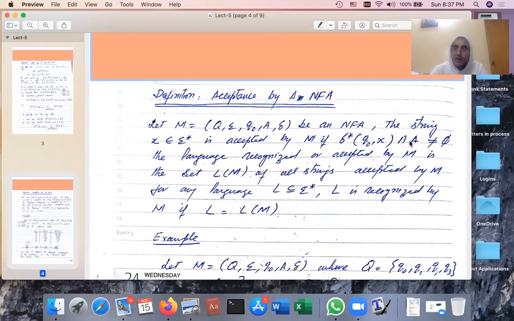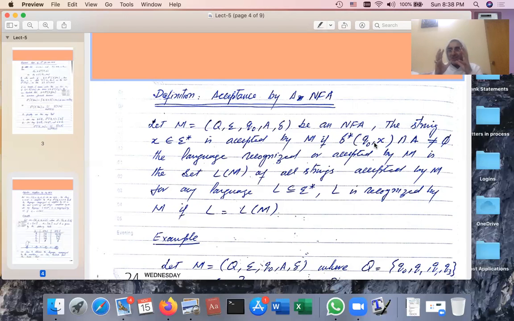On the right hand side of this intersection operation we have the set of final states, and on the left hand side we have the state where we have reached, and now we are taking the intersection. If that intersection is empty, then it means we have not reached the final state yet. But if that intersection is not empty, then it means that we are at the final state.